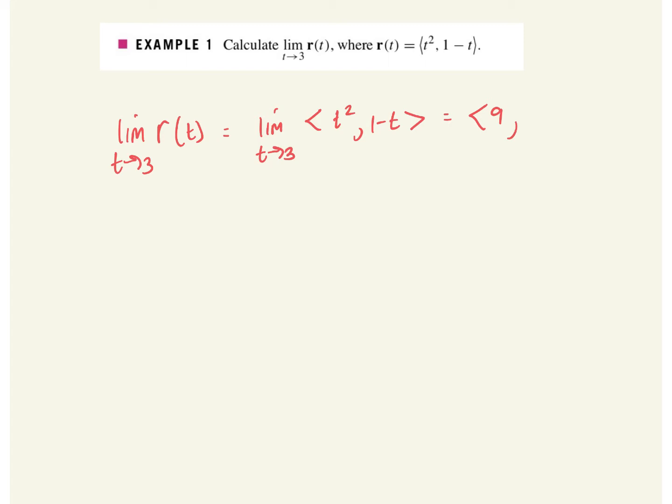Same idea, 1 minus t is continuous, I get negative 2. Done. So those components individually were continuous. Therefore, I can just evaluate the limit. The limit matches the value of that component.